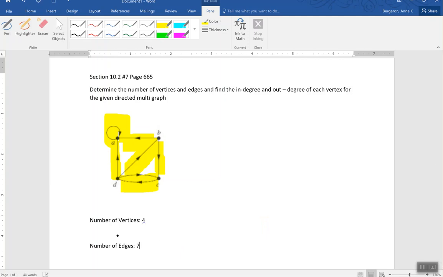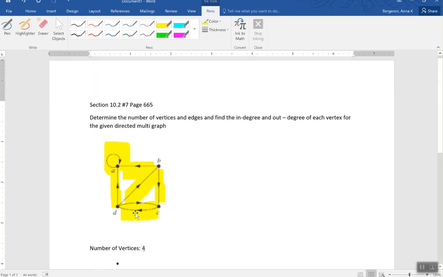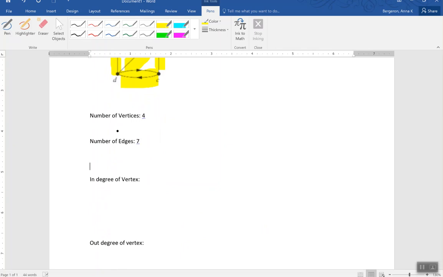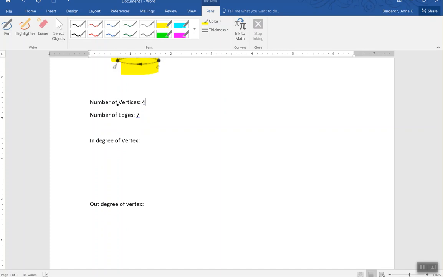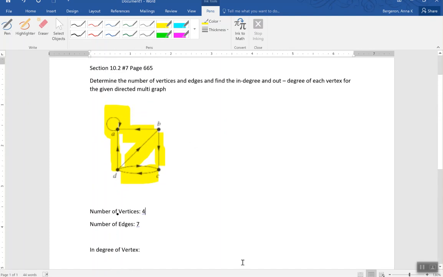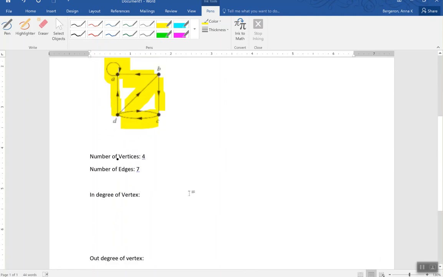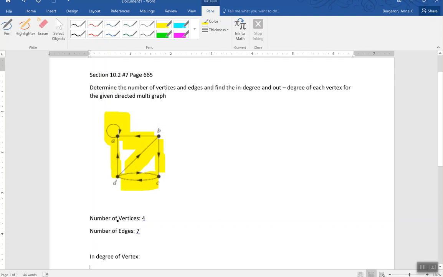So that was my initial mistake, which then affected my in degree and out degree of each vertex. If we look at those next, the in degree of a vertex is the number of edges that have the vertex as their terminal vertex. So that is where the line would end. I'm going to write my degree of vertex over here.